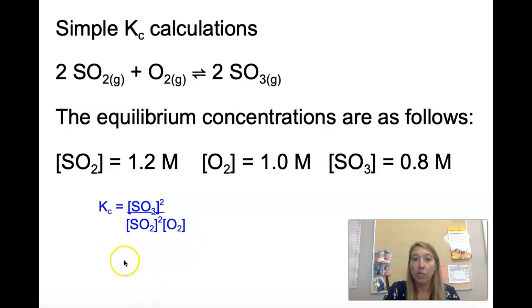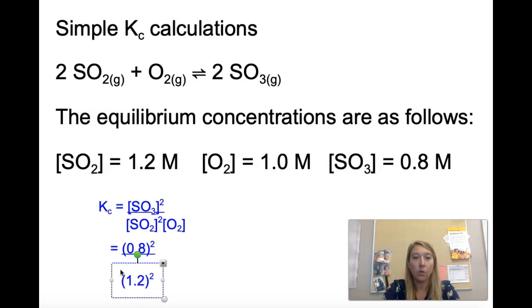Now what changes is we are just going to actually throw numbers into this. So this is going to equal 0.8 squared, divided by 1.2 squared times 1.0.